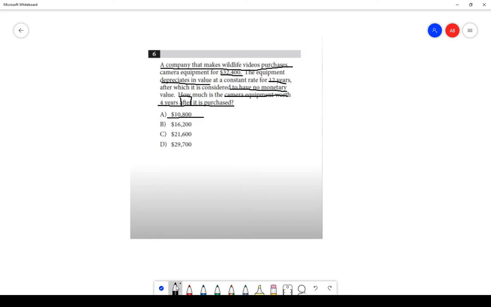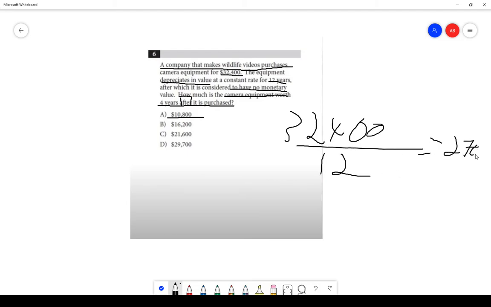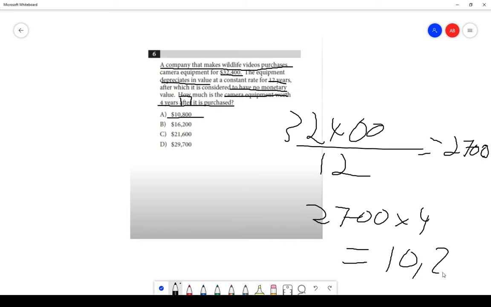The way you do that is you simply do 32,400 divided by 12, which is 2,700. And you do 2,700 times 4, which is 10,800.